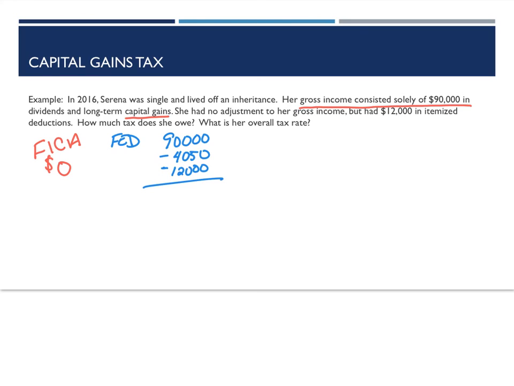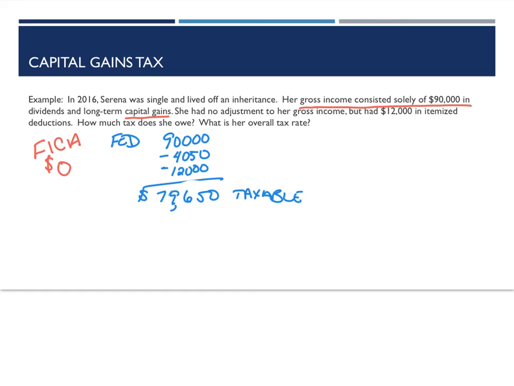If I do all that, her taxable income turns out to be $79,650. This is her taxable income.